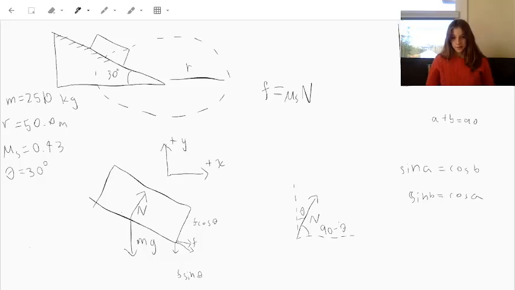Cool. So we know that this component here is going to be the cosine of 90 minus theta, right?